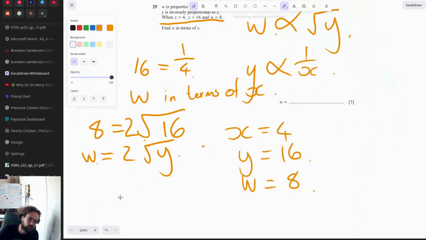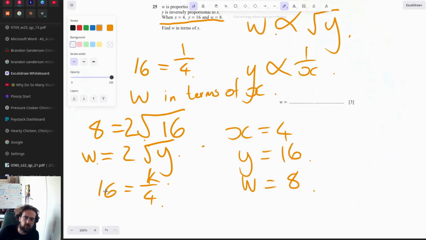So if I take this, I'm going to just keep going with this. 16 is equal to 1 over 4. What do I need to do to this side to make it equal to 16? What would k have to be?